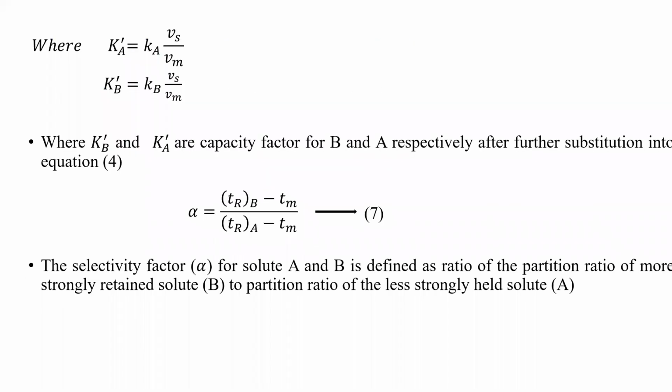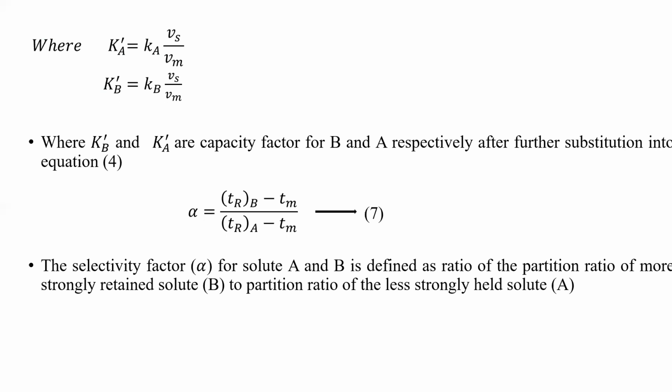Next, K dash A equals Ka times Vs divided by Vm, the volume of stationary phase over the volume of mobile phase. K dash B equals Kb times Vs divided by Vm, where K dash B and K dash A are the capacity factors for B and A respectively.